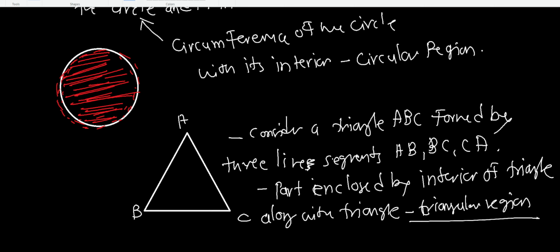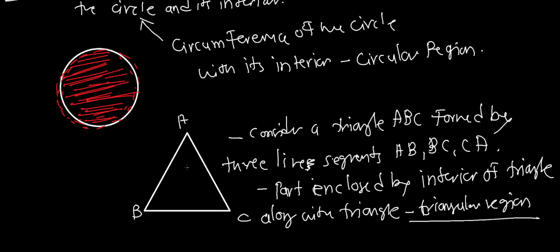So the part enclosed by the interior of the triangle and the triangle itself, that is the boundary of the triangle, including both, is known as a triangular region.